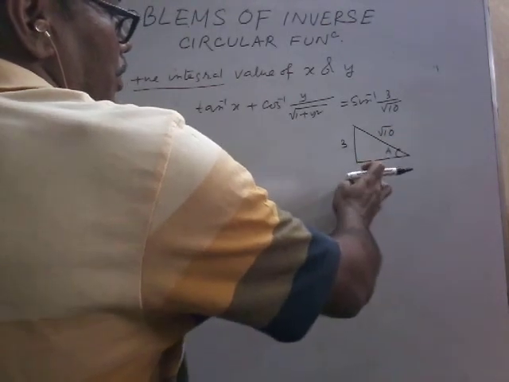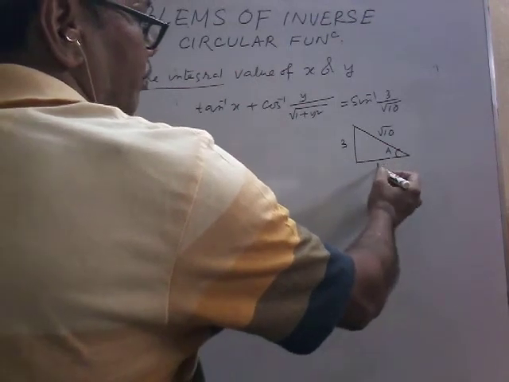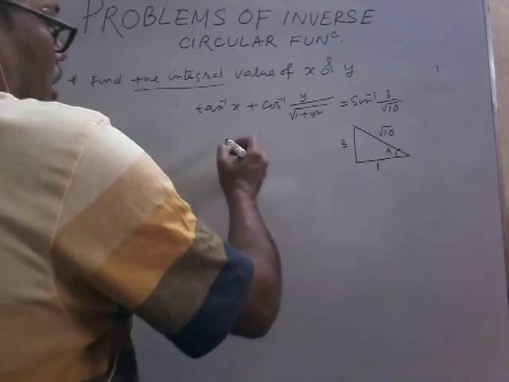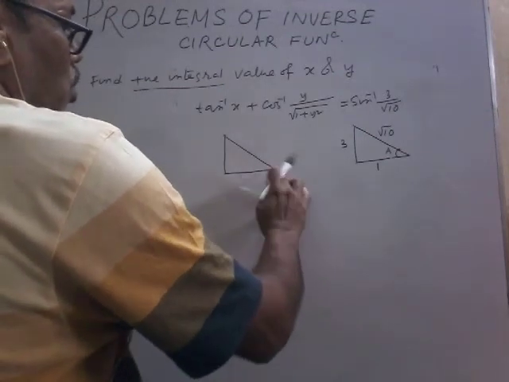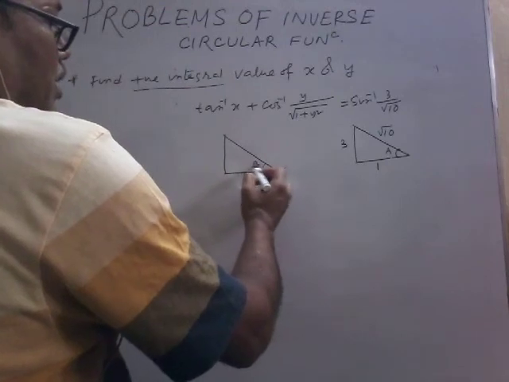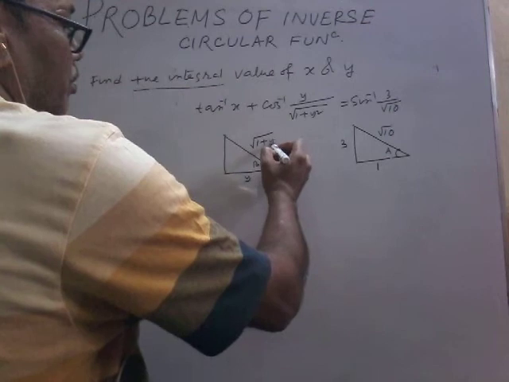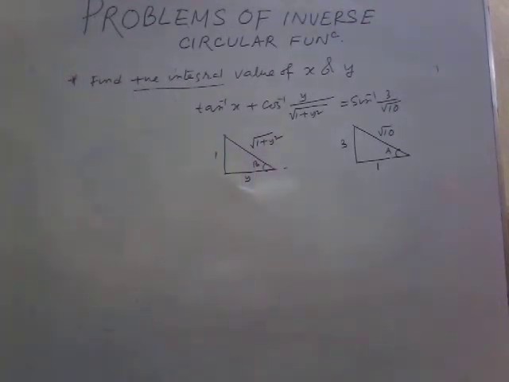So this one is x square plus 3 square, this is 1. And for this one, cos, suppose this is b, base by hypotenuse. So this is also 1.